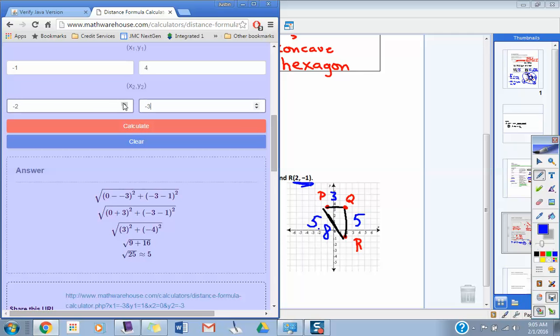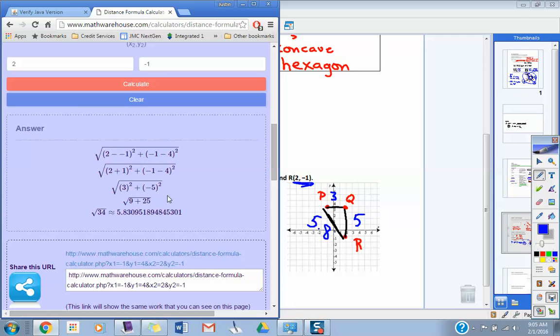So (2, -1), right? See it there, Mary? Okay. So that's how. Any diagonal, that's what you would do. I could also look at this and say, you know what, it's a right triangle, couldn't I? What's 3 squared? 9. What's 5 squared? 25. 9 and 25 add up to 34. Square root of 34 is about 5.8. You okay with that? Okay. So that's where that came from, kiddo.